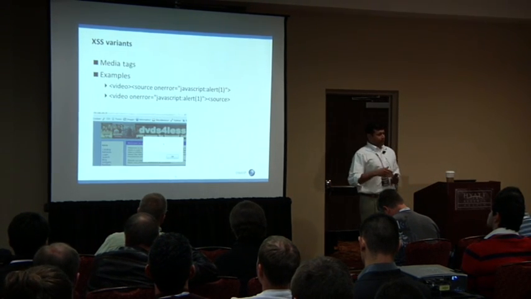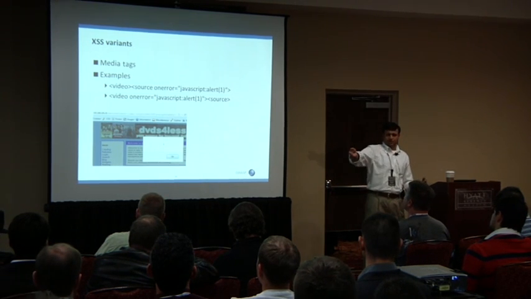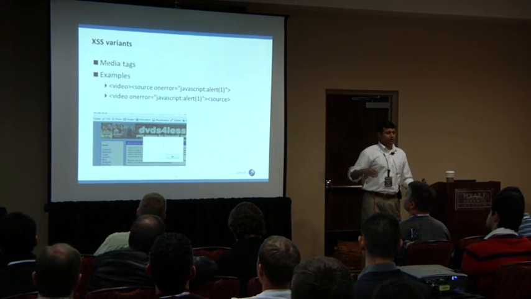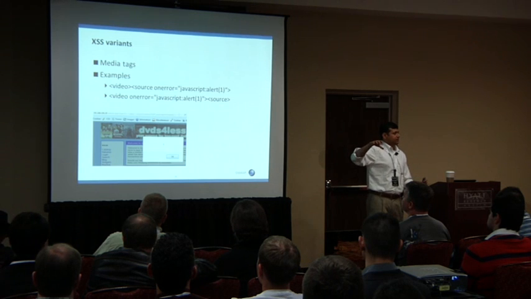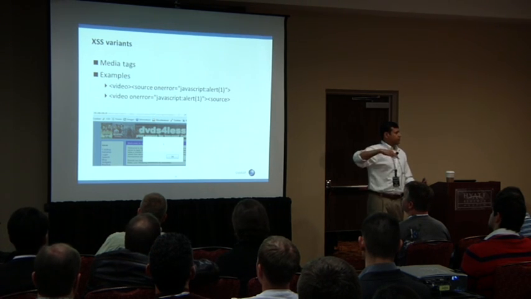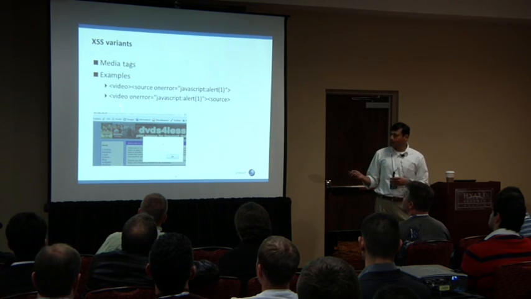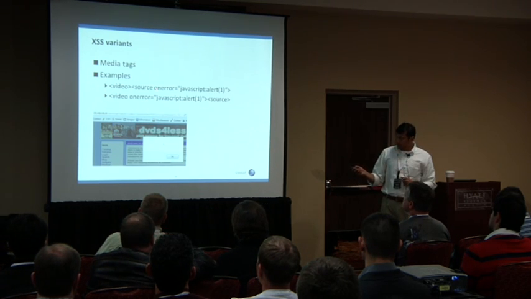So if you have a filter which is doing some kind of typical reflected and persistent XSS filtering, and if these filters don't have these tags in their blacklist, then this will allow you to do cross-site scripting. For example, over here we are using the video tag for onerror and popping up.